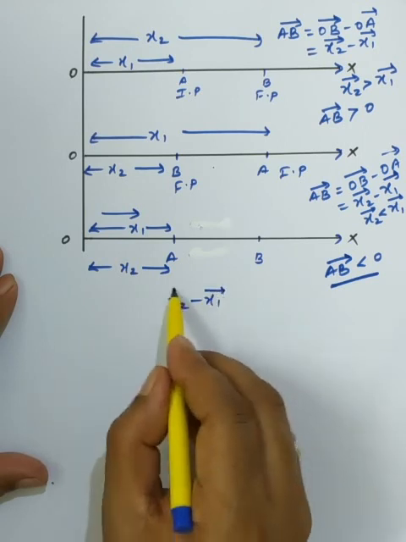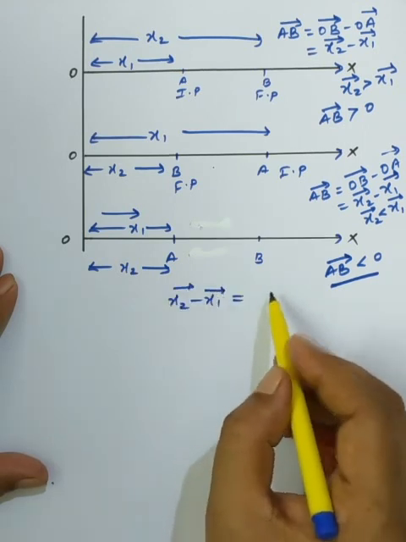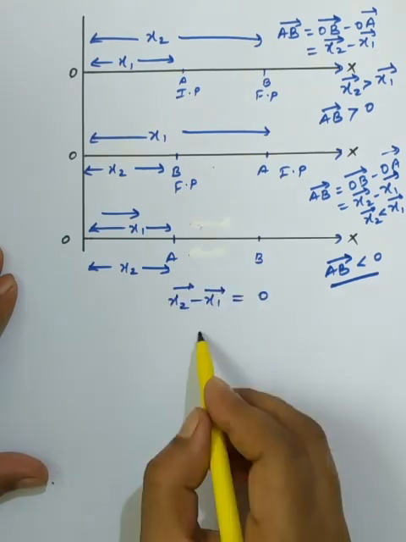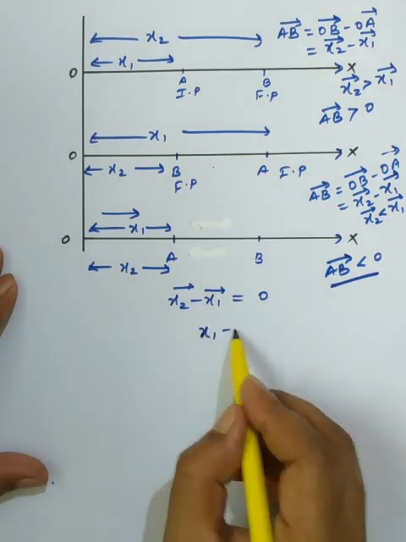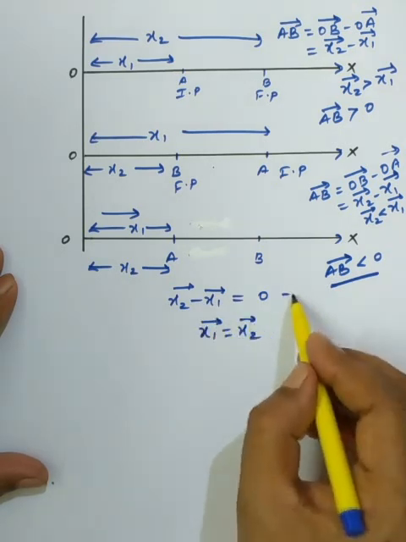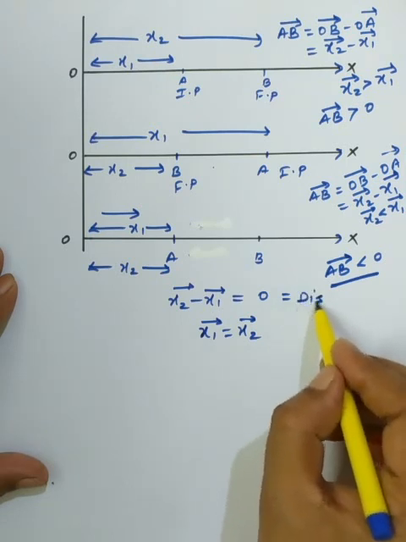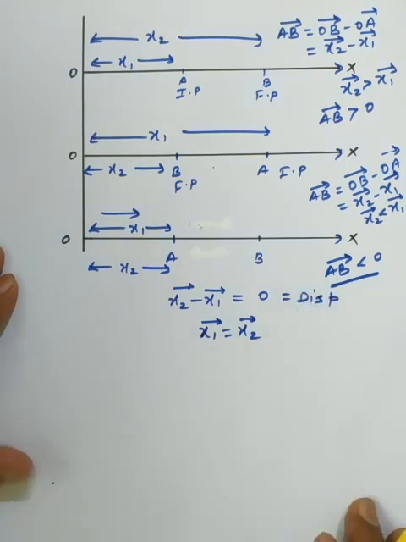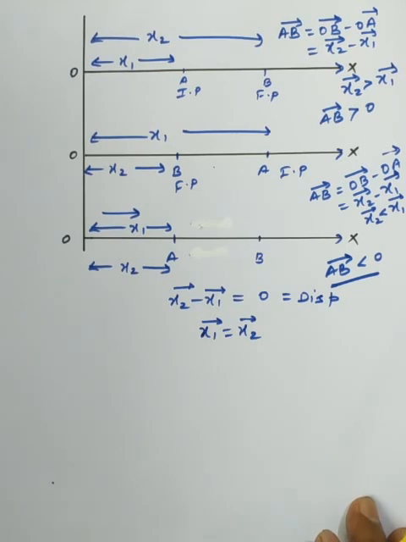That will be 0, because x1 is equal to x2. So whenever x1 is equal to x2, the displacement is 0. This is the vector nature of the displacement.